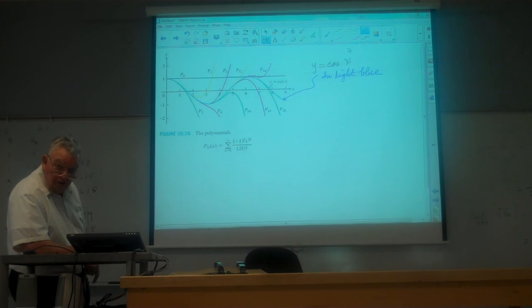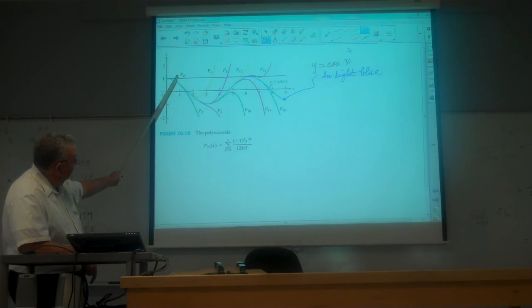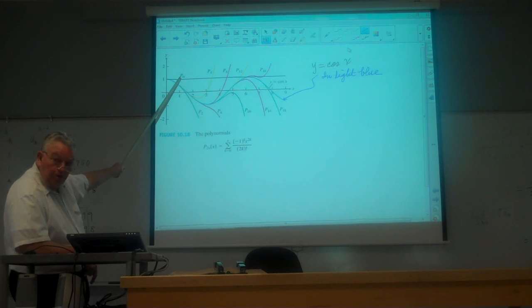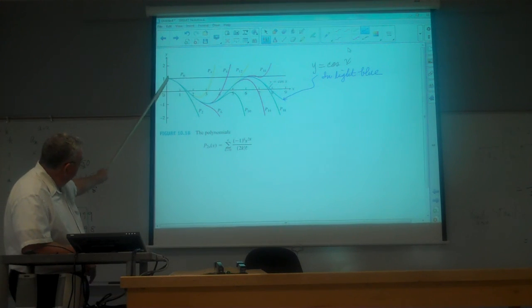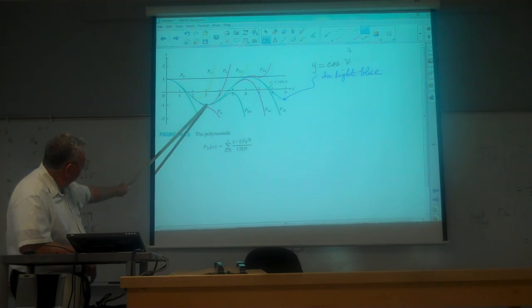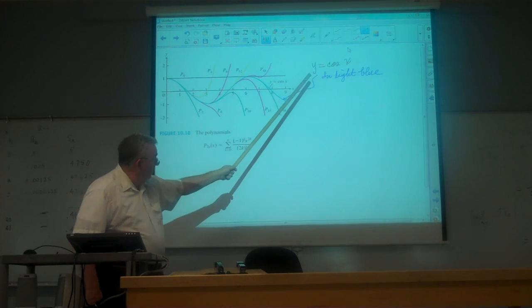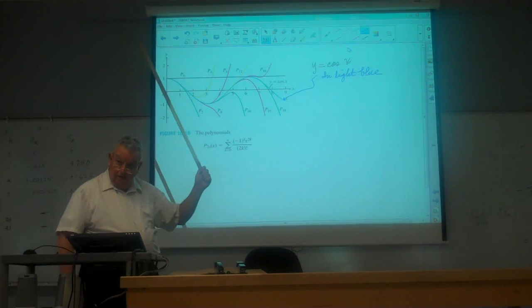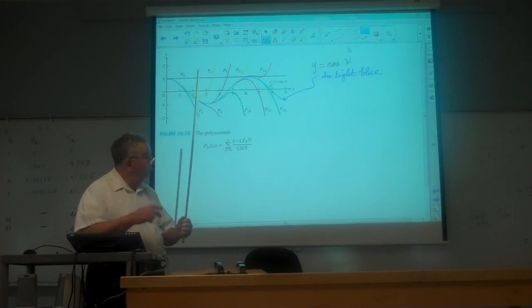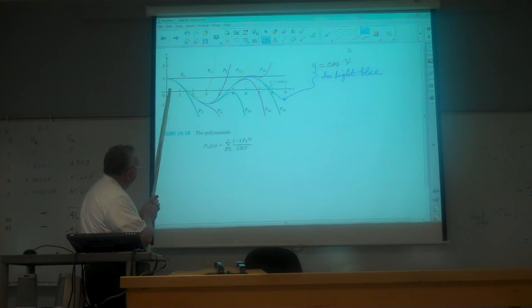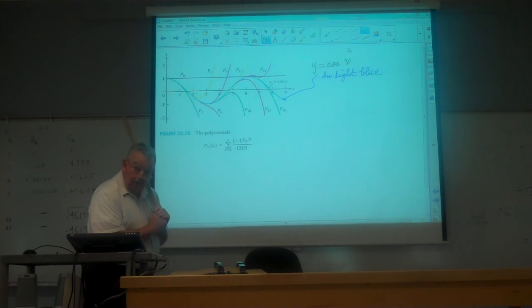I'm trying to use polynomials like the one we made a minute ago for 1 over x. I want them to be as close to this graph as I can. And what I'm trying to show you is that the more terms you put in the polynomial, the better it is.